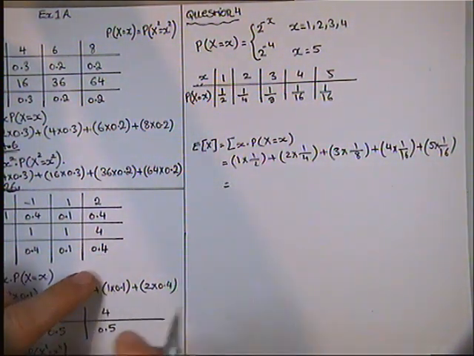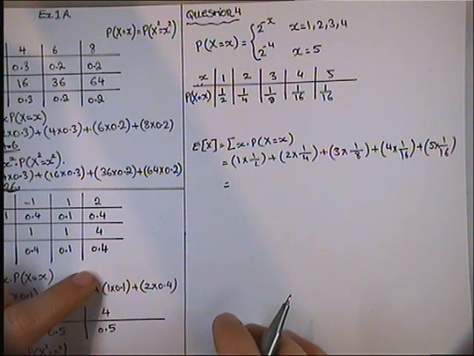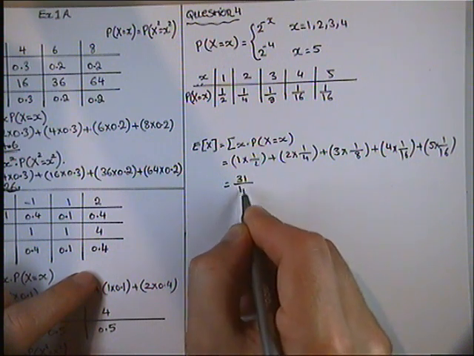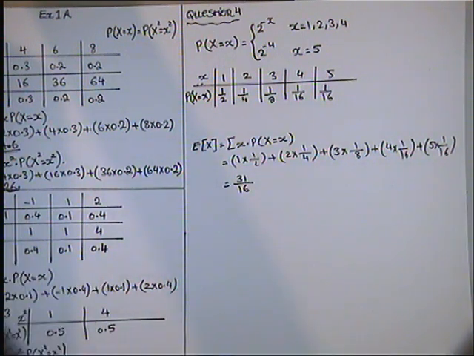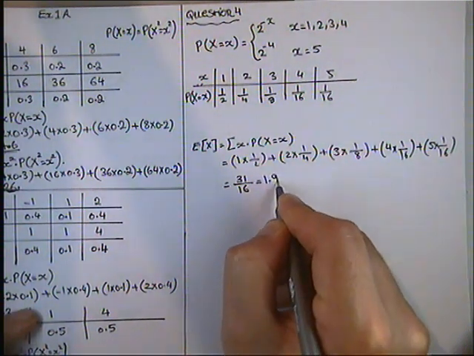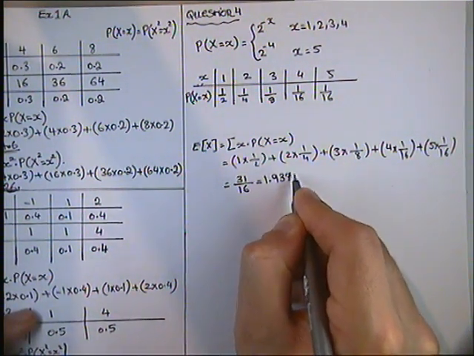Using your calculator, you should be able to get 31 over 16. You can write it as a decimal, like 1.9375.